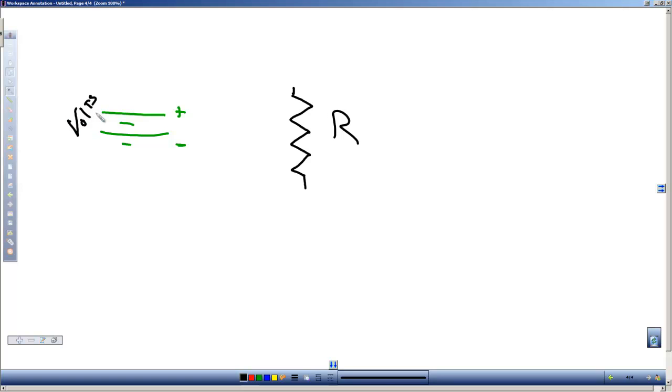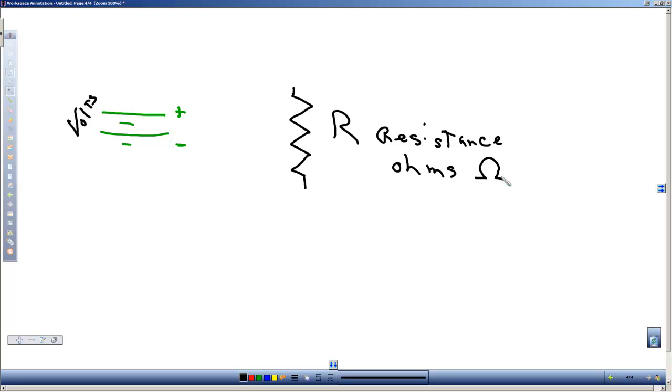And resistor, we measure its resistance in ohms. And the symbol we use is the omega symbol for ohms.